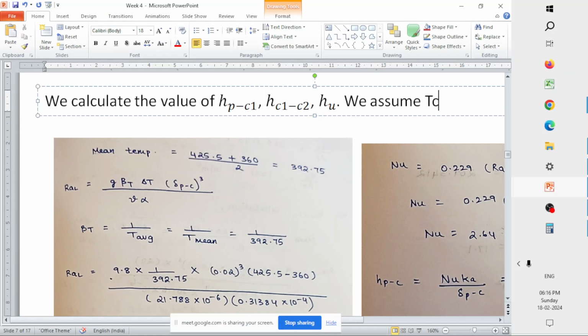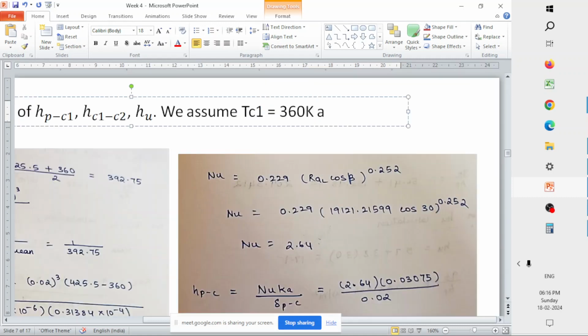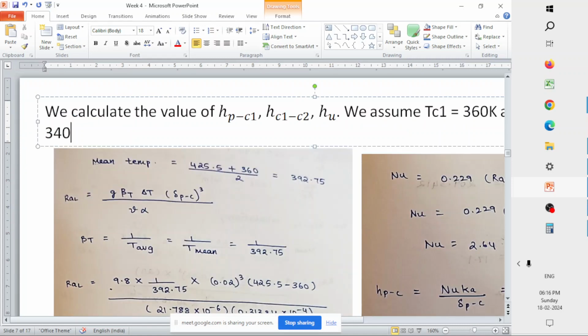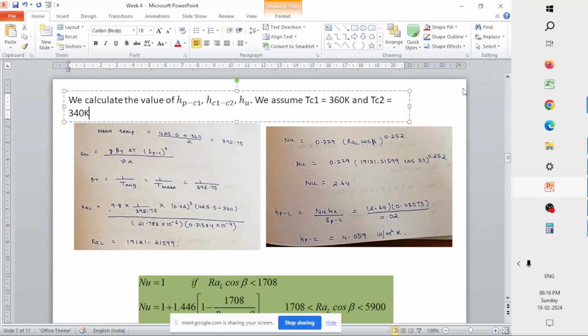We take Tc1 as 360 Kelvin and Tc2 as 340 Kelvin. This is the assumption that we are going to make.